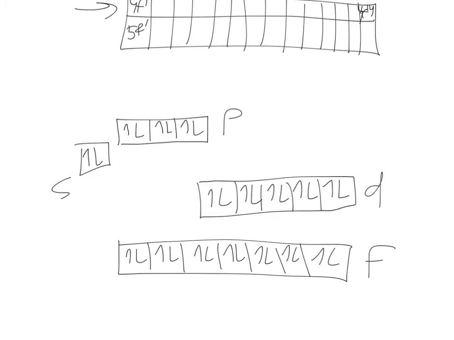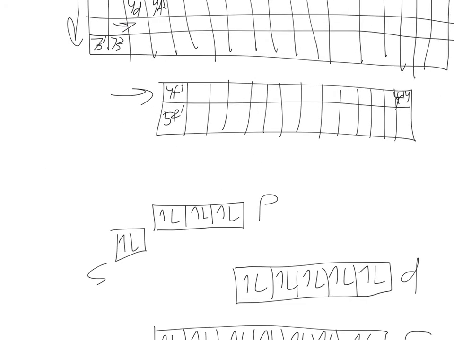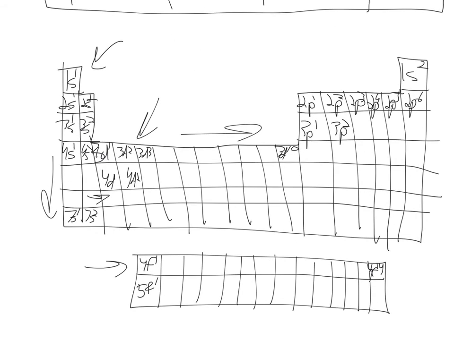Well, let's compare. Check it out. The S block is 2 columns wide, and the S orbital contains 2 electrons, or the S sublevel. The P sublevel contains 3 orbitals with 6 electrons total. Oh look, there are 6 columns in the P block.